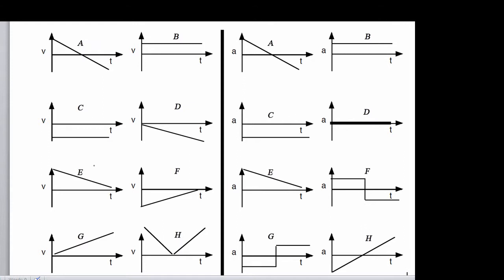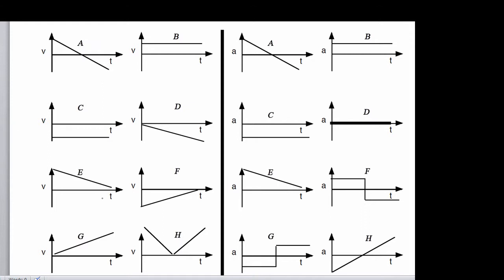All right, now what is acceleration? Acceleration is the rate of change of velocity with time. Right. So if you've got a velocity versus time graph, what is the acceleration represented by? Slope. Right.